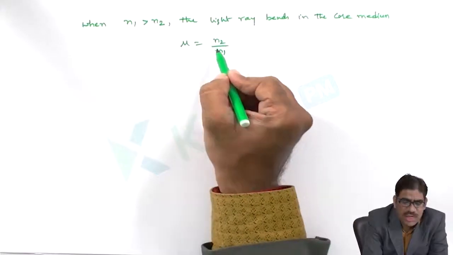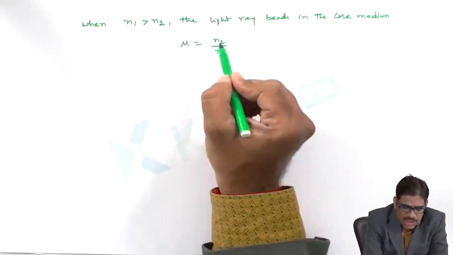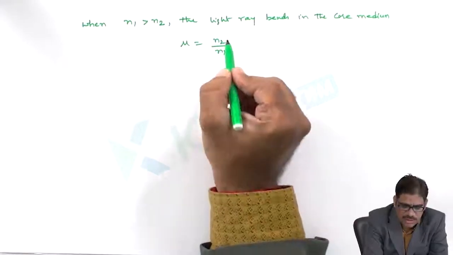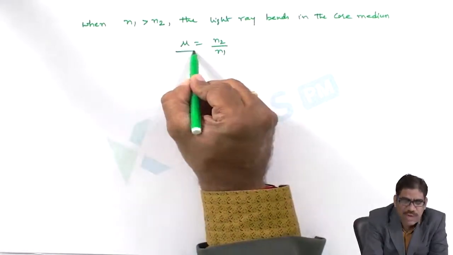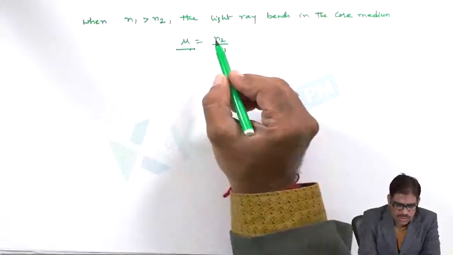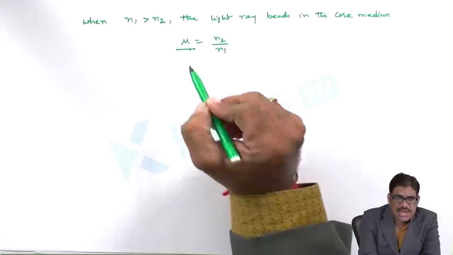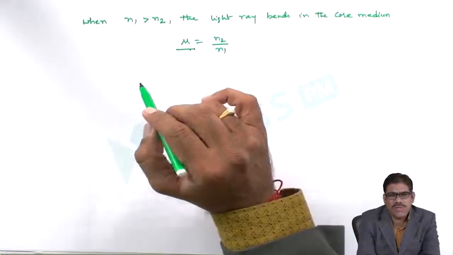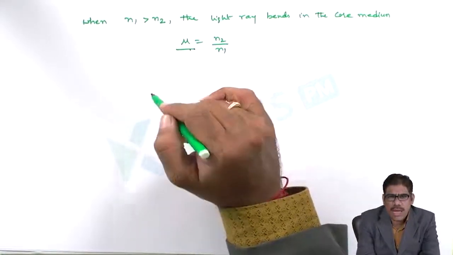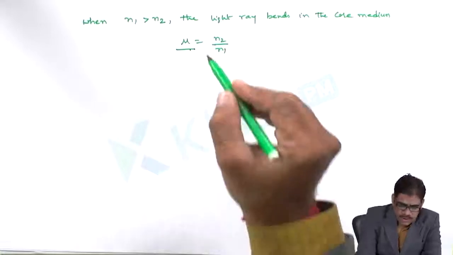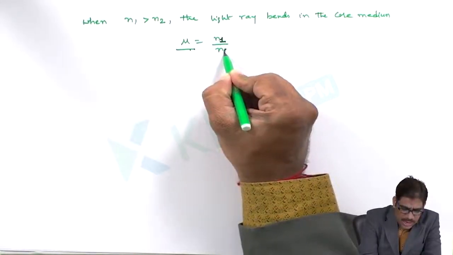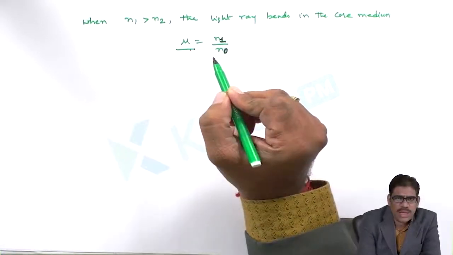So with this equation, we can say that the angle of incidence and the angle of refraction are with reference to the refractive index of the medium. As we know from Snell's law, we have two media. One is the air medium moving into the core medium. So here we write mu is equal to N1 by N0.